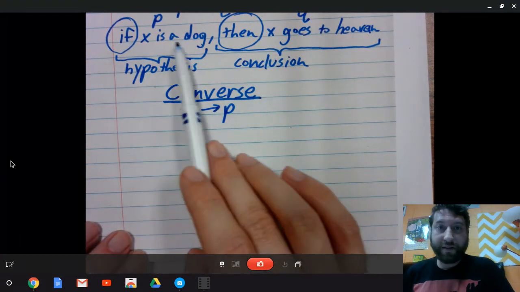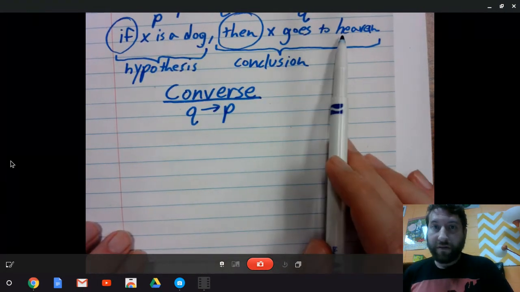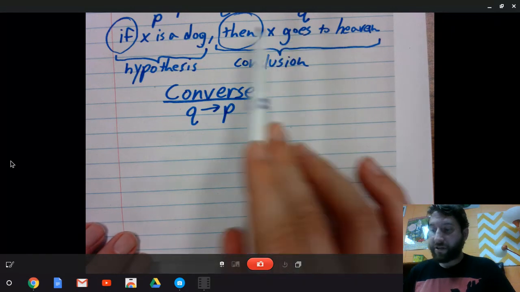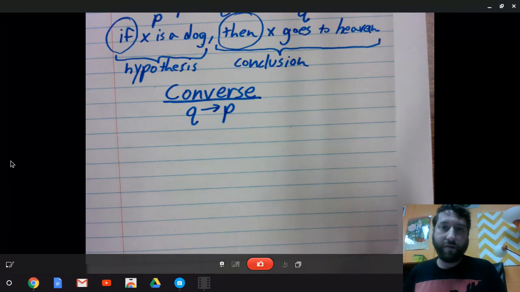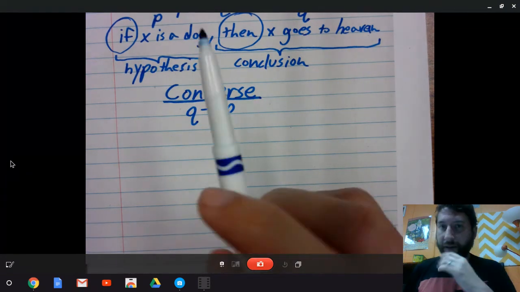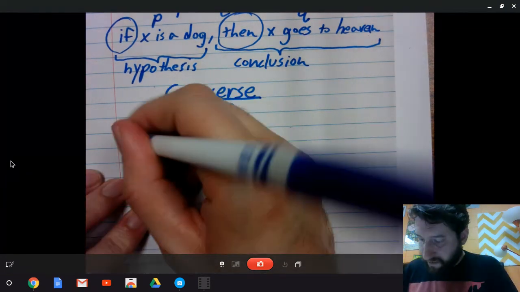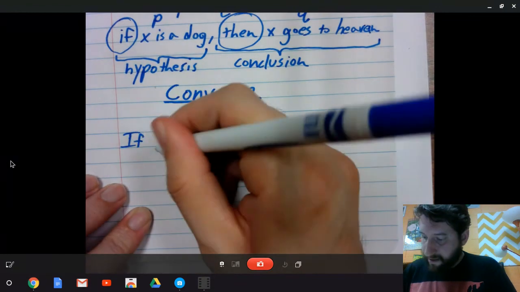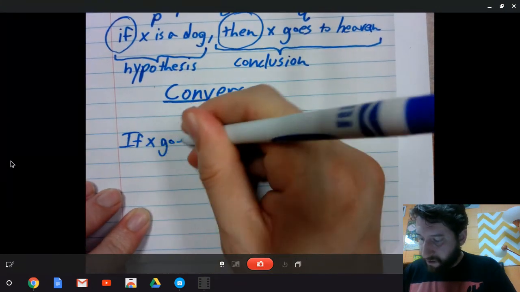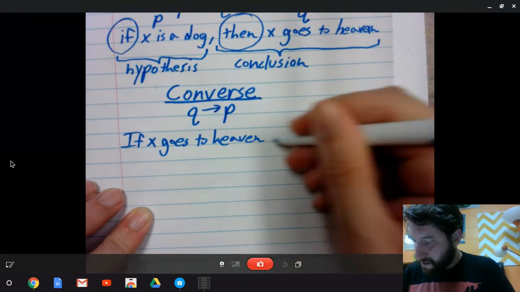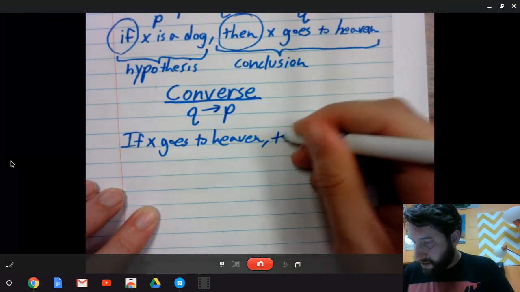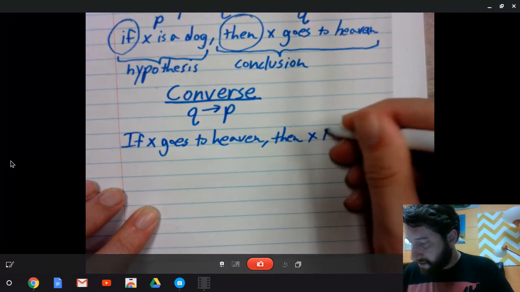We said if X is a dog, then X goes to heaven. So the converse would be I just switch these two around. I don't take a negation. I just switch them around. That's all I do. So if X goes to heaven, then X is a dog.